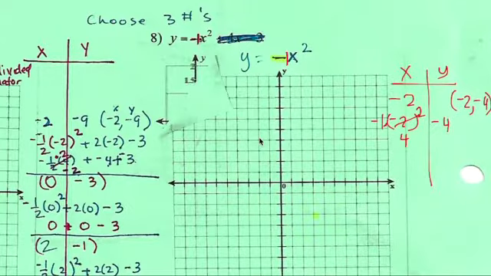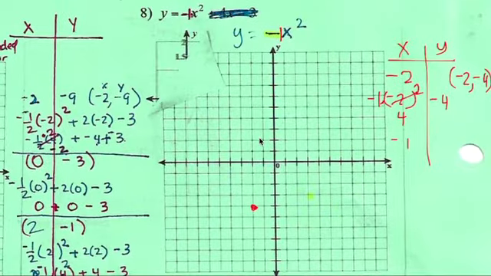-2, -4 down here. Put in -1. Okay, let's draw a line here so you can separate that. And we square that.